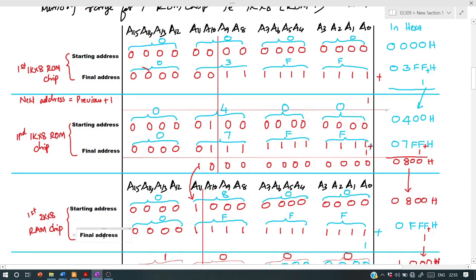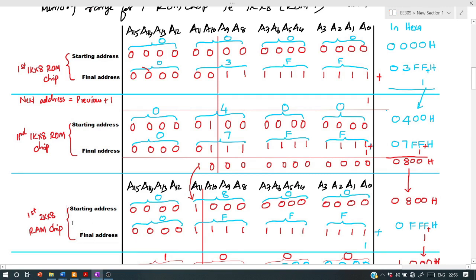So when we convert the final address into hexa, this becomes 0FFFH. So this is the address range required for the first 2K into 8 RAM chip.